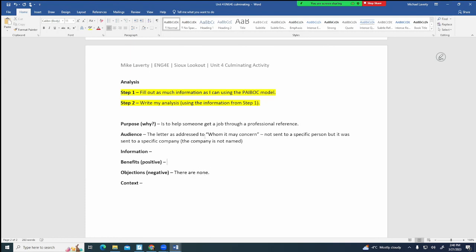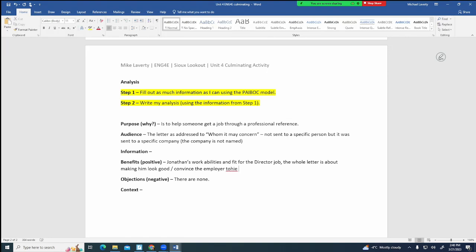The benefits: Jonathan's work abilities and fit for the director job. The whole letter is about making him look good, slash convince the employer to hire him.